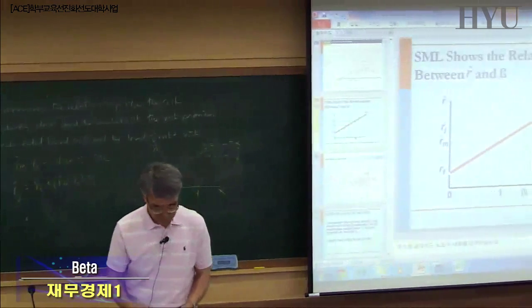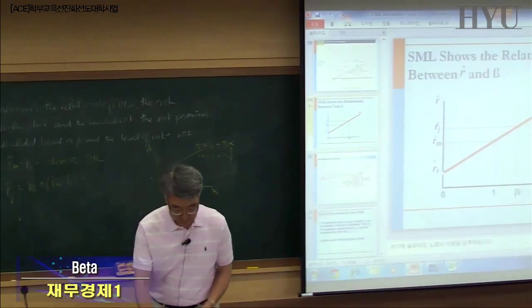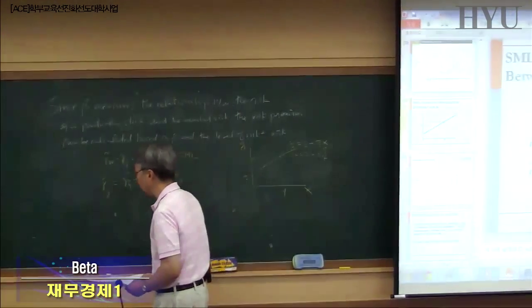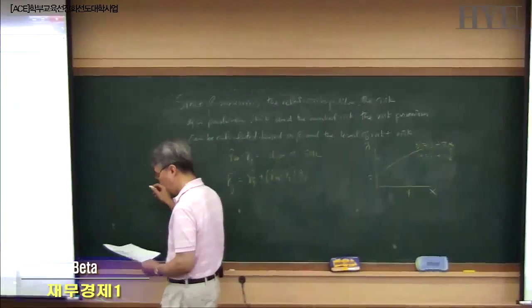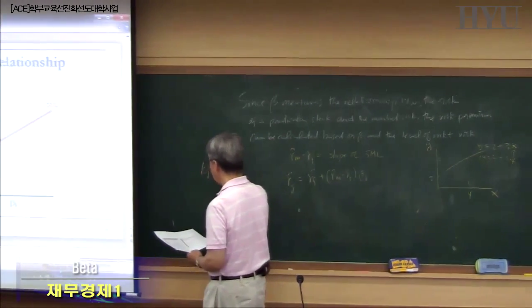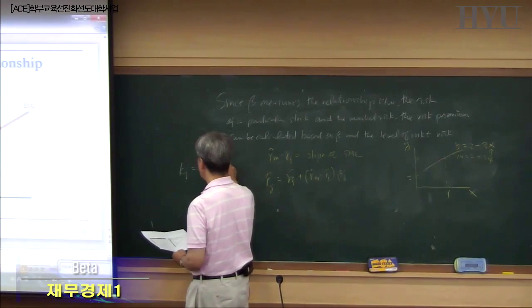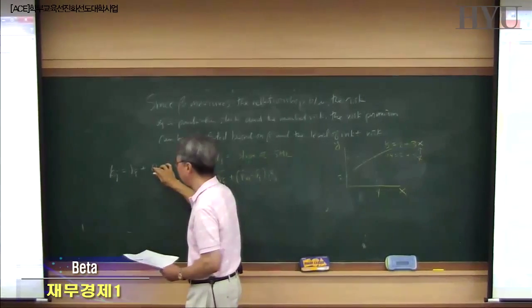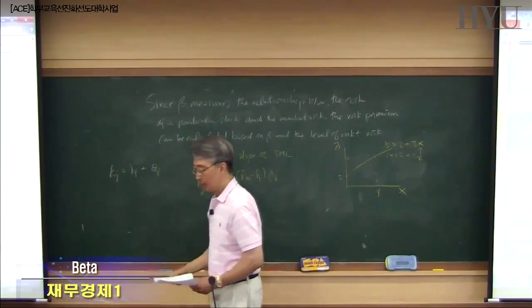Okay. All right. Well, in the beginning of this chapter, I gave you an equation, something like Kj is Rf plus, not sigma, theta j.